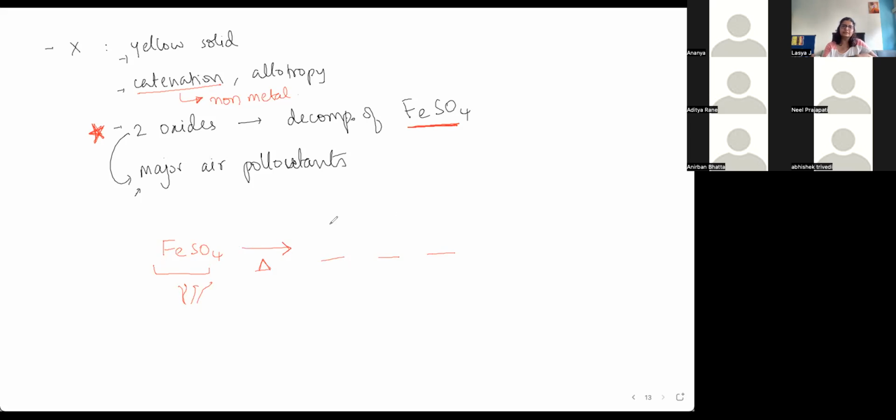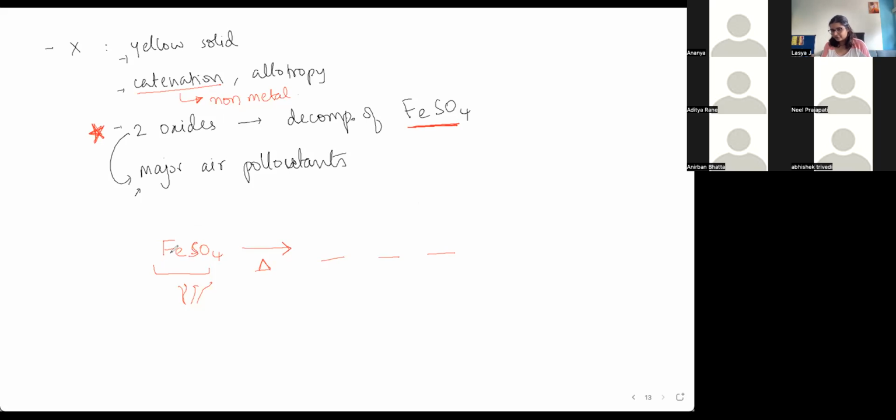According to the question, two oxides. Okay, so sulfur dioxide and sulfur monoxide. Sulfur trioxide. Okay, sulfur doesn't form monoxide. So, carbon is a valid guess until you come to this point.